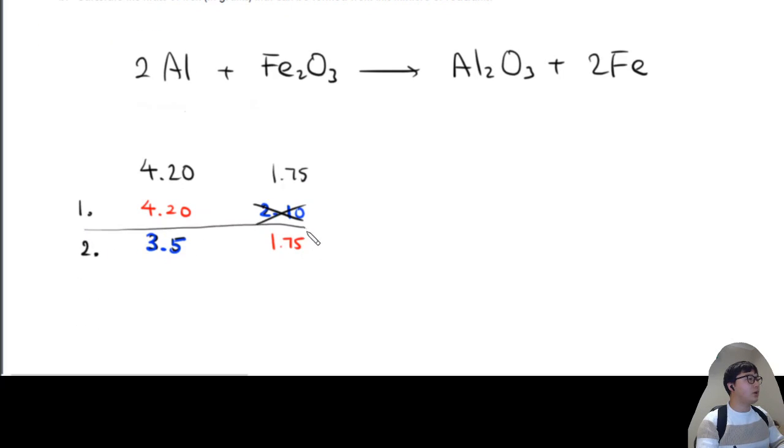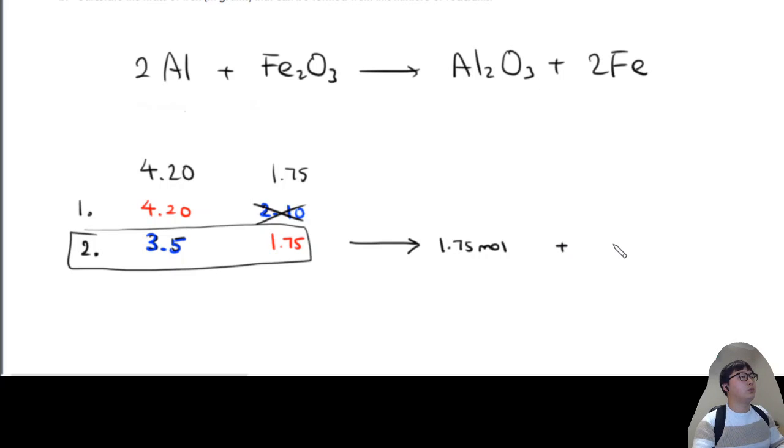So this is what is going to happen. And that will give, because this is a 1-to-1 ratio, it'll produce 1.75 mole of aluminium oxide. And it will produce 3.5 mole of the Fe, because it's a 2-1-1-2 ratio. Make sense?